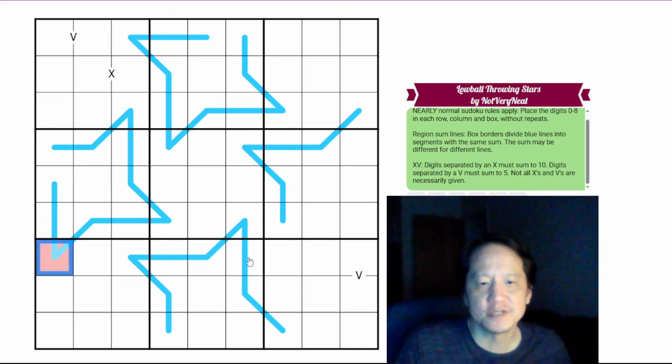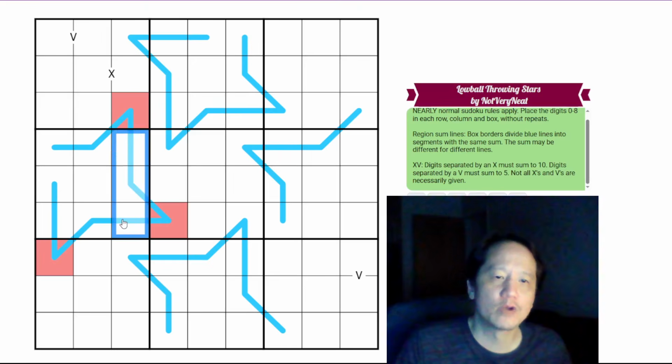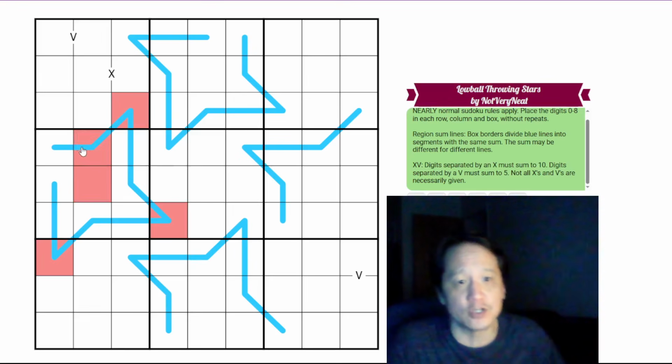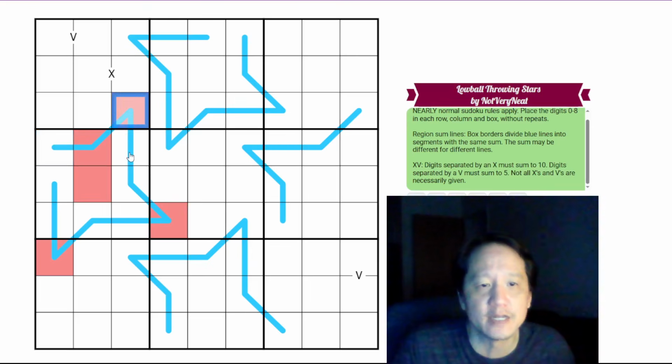So this is the same as this, which is the same as that. Well, where can this digit be in this left central box? It cannot be here, cannot be here, cannot be here. So it's one of these two. And it could be here, because this digit could be adding with 0 to add up to that digit there. We just know it's one of those two.